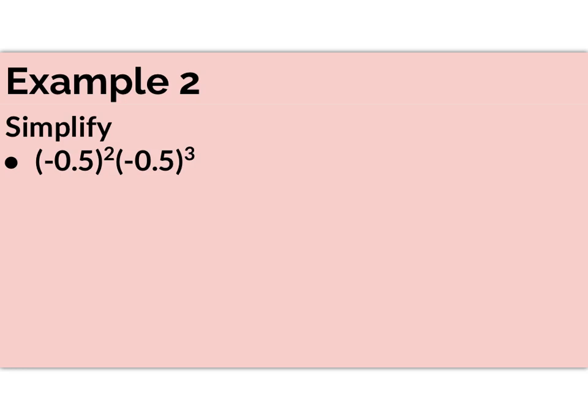Okay, let's look at example 2. 2 plus 3 is to the 5th power, so -0.5 to the 5th power. This is where we type in our calculator just like it's written.